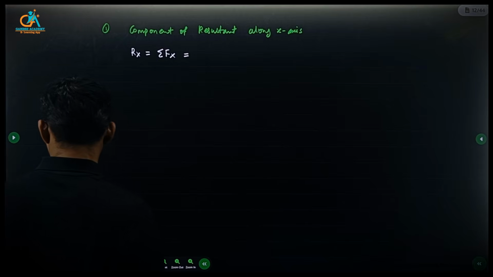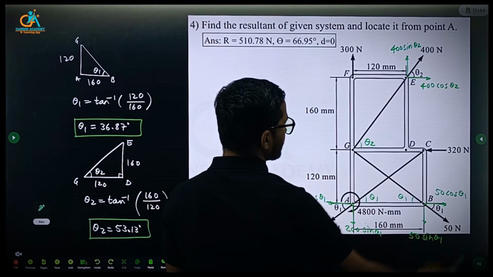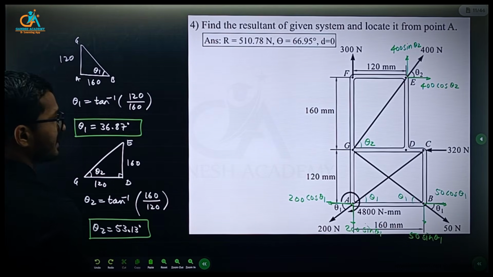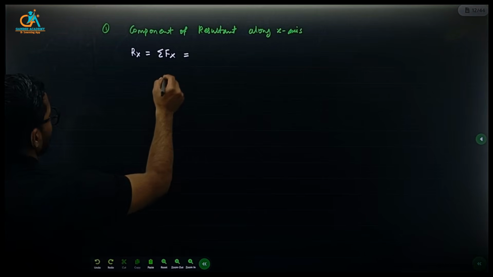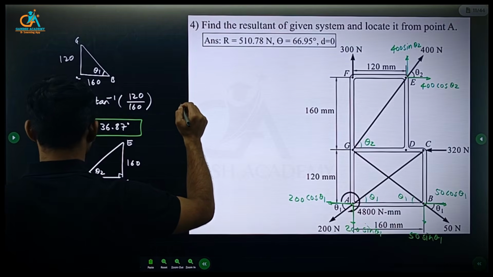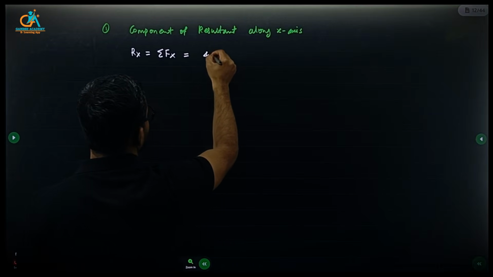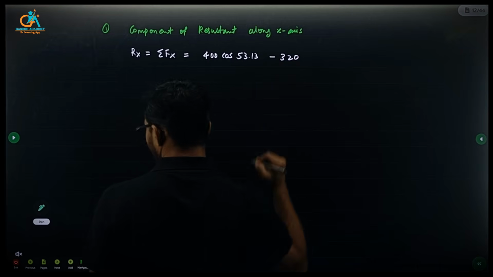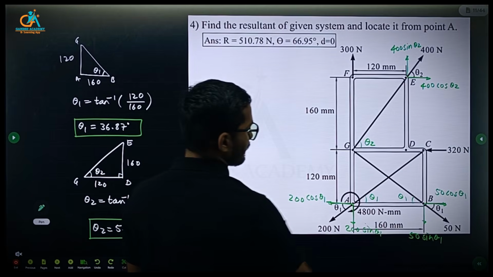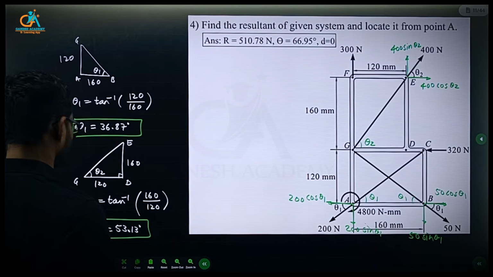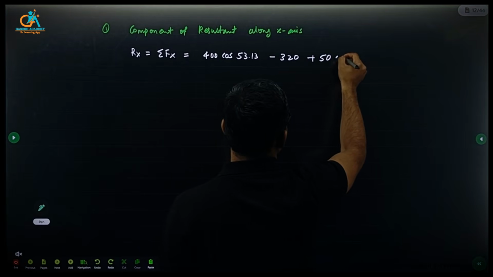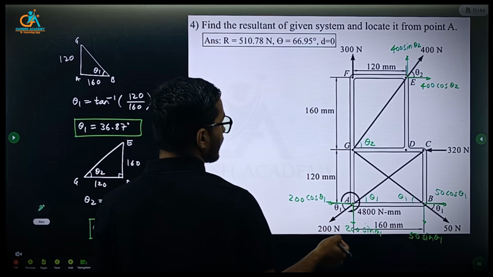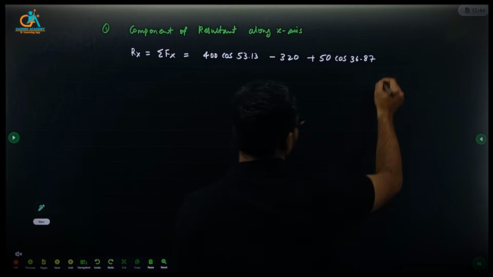So 400 cos theta 2 towards right positive, where theta 2 is 53.13, minus 320, then 50 cos theta 1 towards right positive, where theta 1 is 36.87, and minus 200 cos theta 1 towards negative direction.